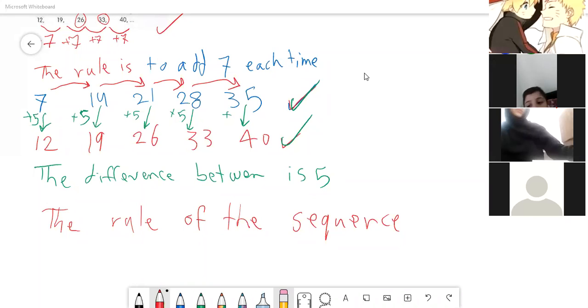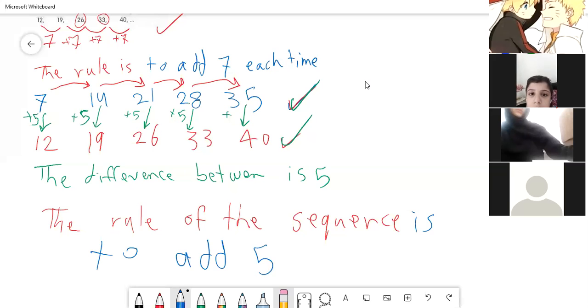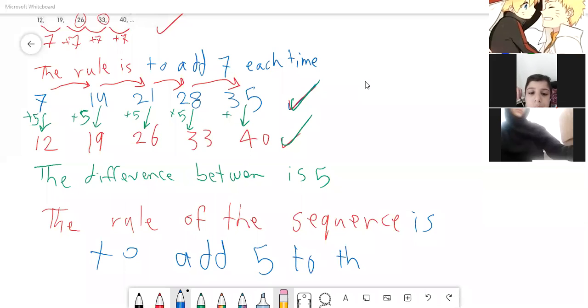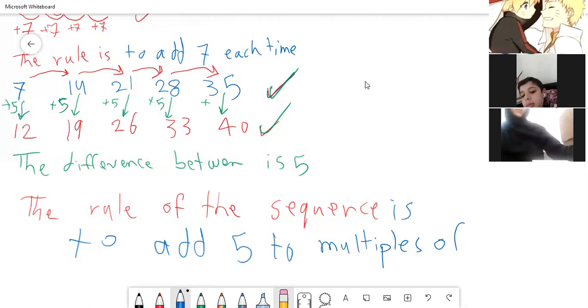So the rule is going to be to add 5 to the multiples of 7.